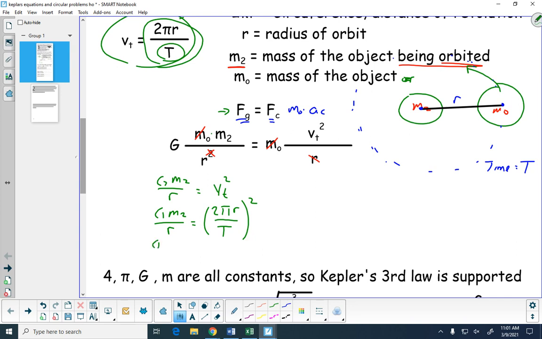Which will give us G m2 divided by r is equal to, distributing to all of our terms here, 4 pi squared r squared divided by T squared. Just distributing our exponent of 2 to each of the terms. 2 squared is 4, pi squared, radius squared, and T squared.